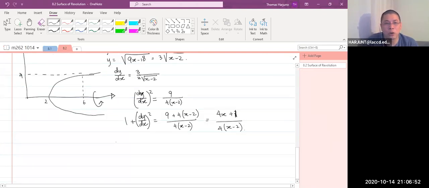The square root, therefore, will be 1 over 2 square root of 4x plus 1 over square root of x minus 2.